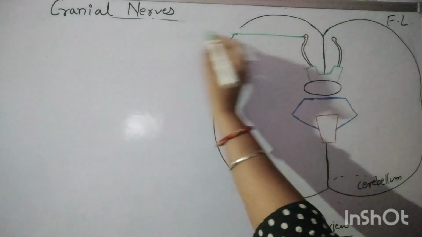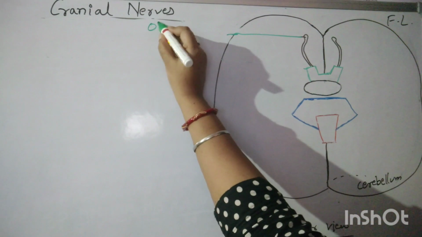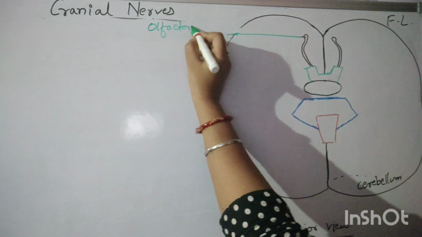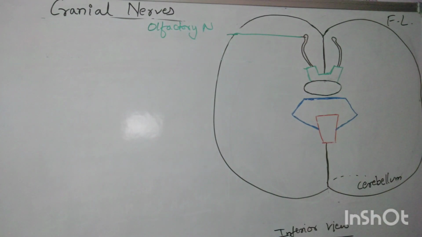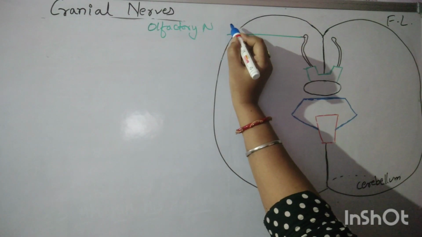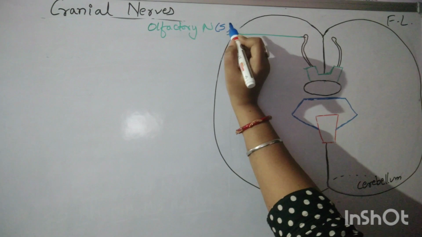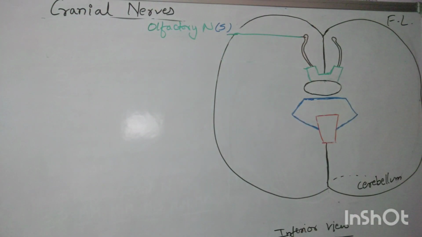So this is carried by the olfactory nerve, which is cranial nerve 1. It is carrying the sense of smell, so this is a sensory nerve.